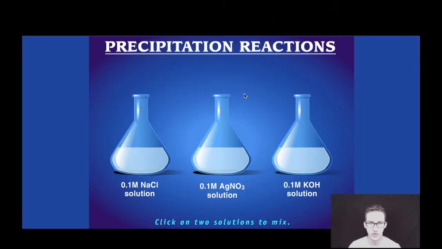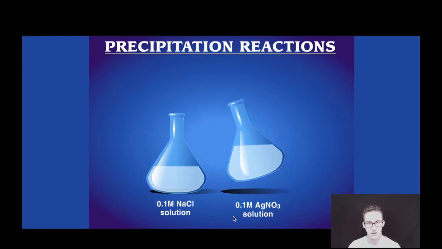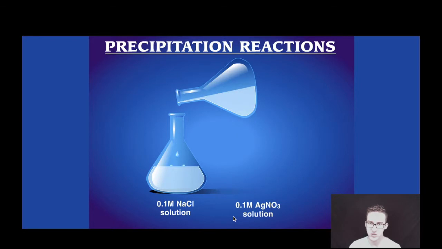Okay, and we're going to use a quick animation to help you better visualize what's going on in a precipitation reaction. As you take a look, we will use the sodium chloride solution here and the silver nitrate solution. As we mentioned earlier, they are both aqueous solutions. The ions are dissolved in solution there. They've dissociated. But notice what happens here when we mix the two solutions together.